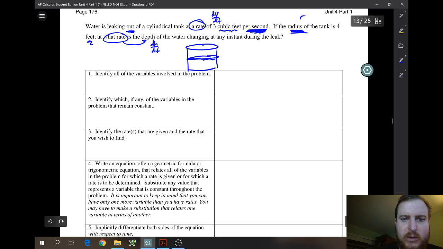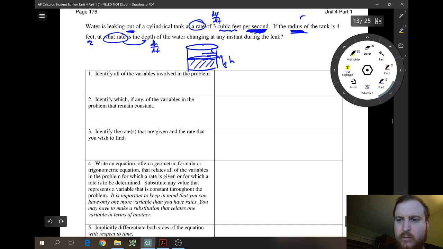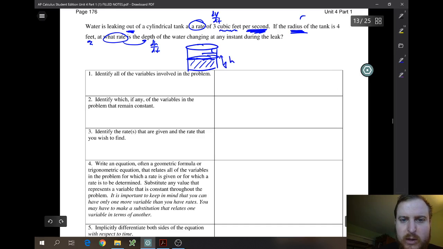And that water is going to be circular, and it's going to have a radius, and it's going to have a height. So we'll have a radius and we'll have a height.